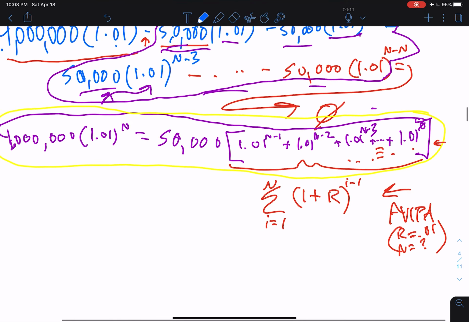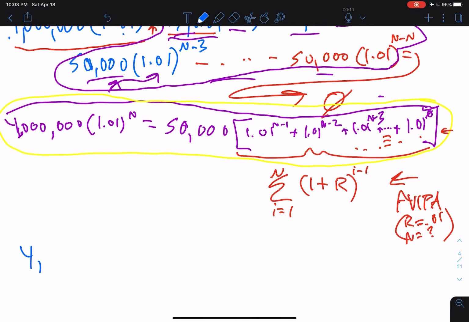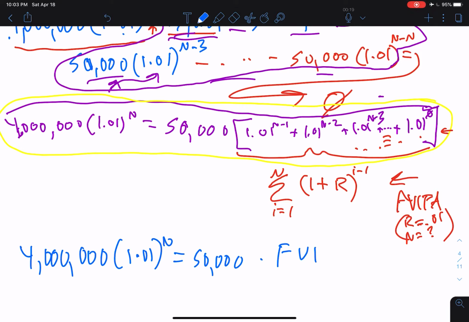Okay. So here we have 4 million times 1.01 to the nth power. And now that equals 50,000 times FVIFA, r equals 0.01, n equals question mark.